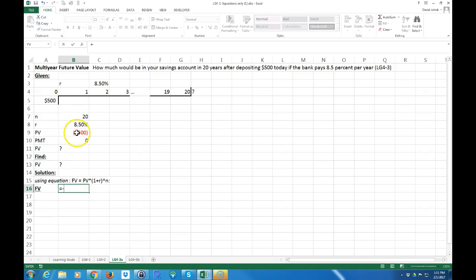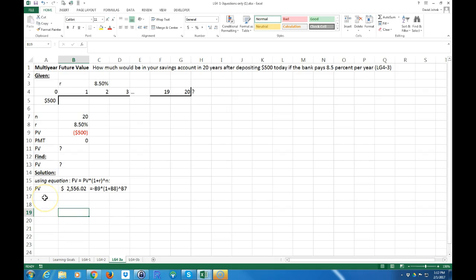Or I could just say negative this, times parentheses 1 plus the rate parentheses to the 20 years. And let's format that as dollars. You don't need that bold and underline.